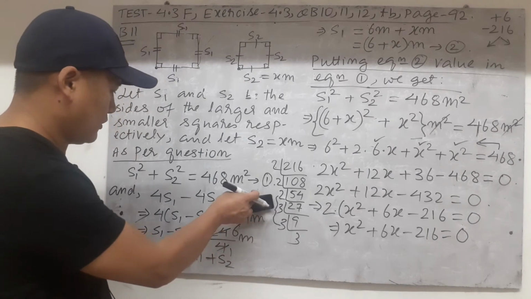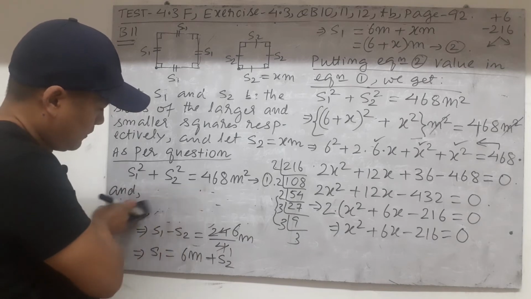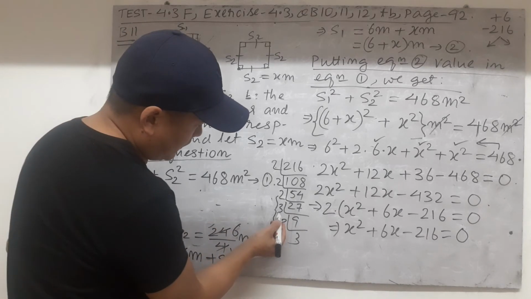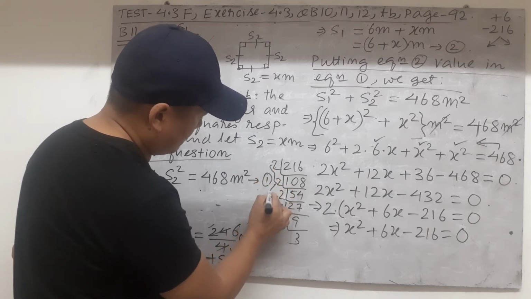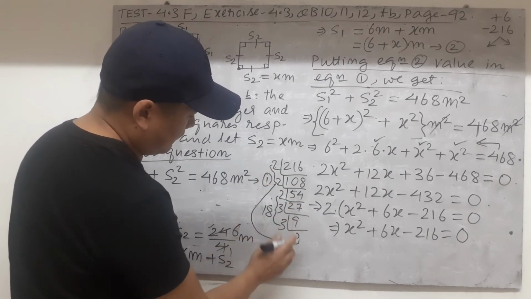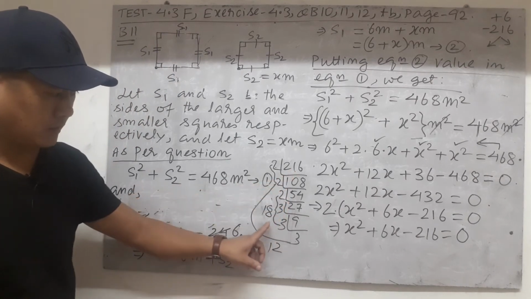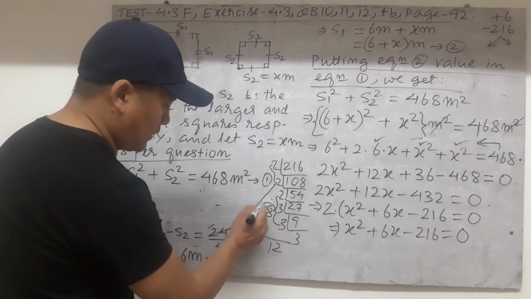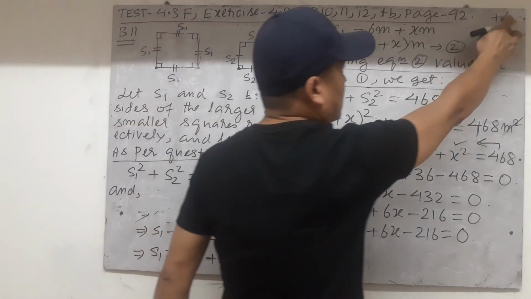So here, see, 3 3s are 9, 9 2s are 18. And if you combine this with this, 2 2s are 4, 4 3s are 12. See, 18 into 12 is 216, as you can see. So this 18 and 12 are crucial because 18 minus 12 matches 6.